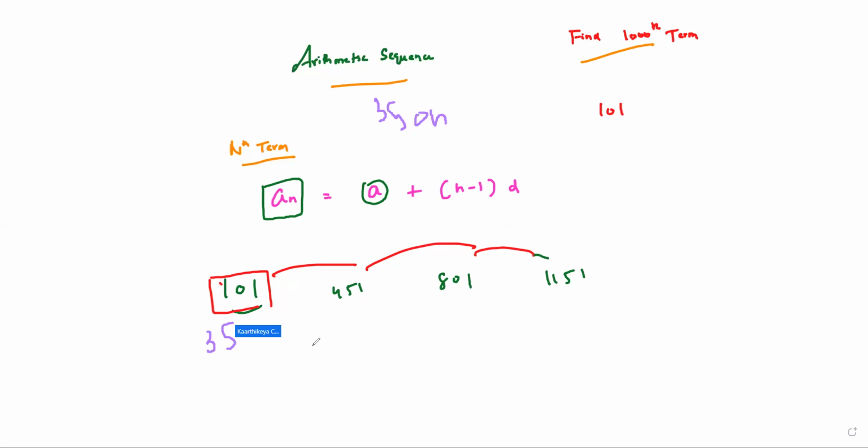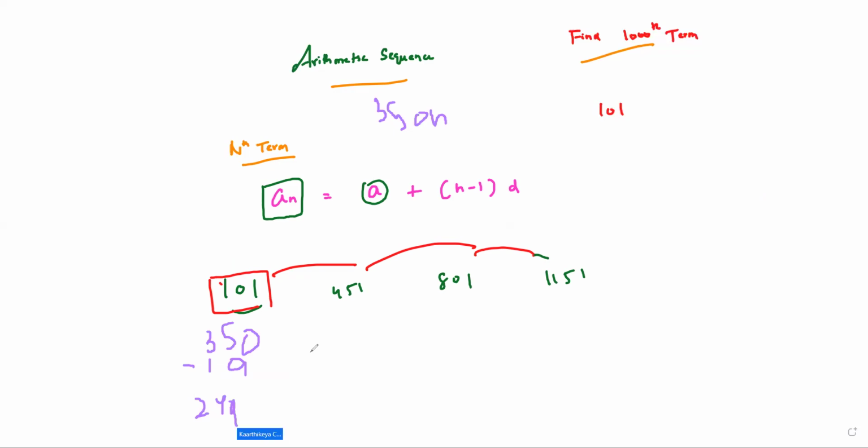You put 1000 in place of n. Now what we're going to do is, to get 101, we have to subtract something. That something is 350 minus 101, which equals 249.